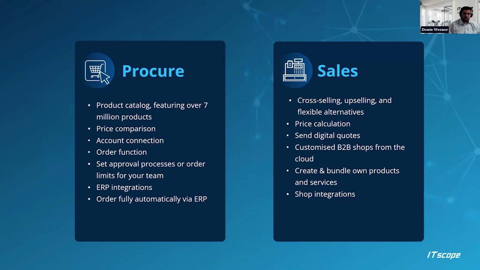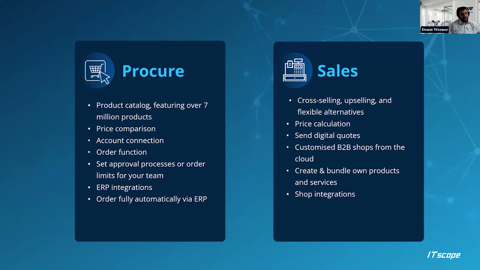In the first level, you will be able to have a catalog from ITscope with product data, and also, of course, with the prices and availabilities, which is important for you. And on the highest level of ERP integration, you will even be able to order directly via your ERP system without logging into ITscope. So everything that's happening on the ITscope platform can also be done in your ERP system.